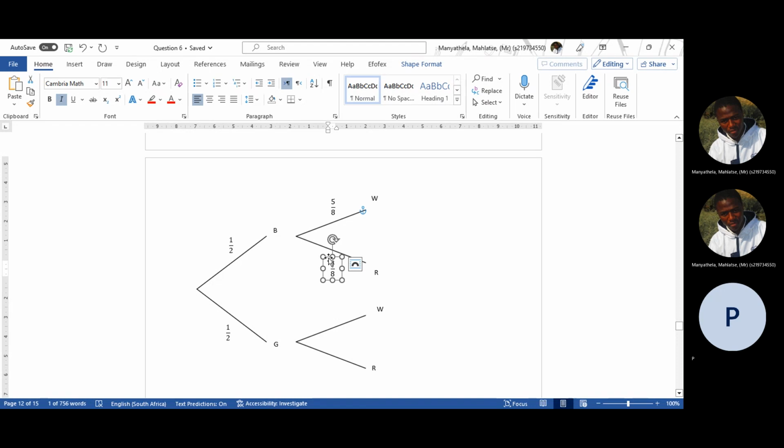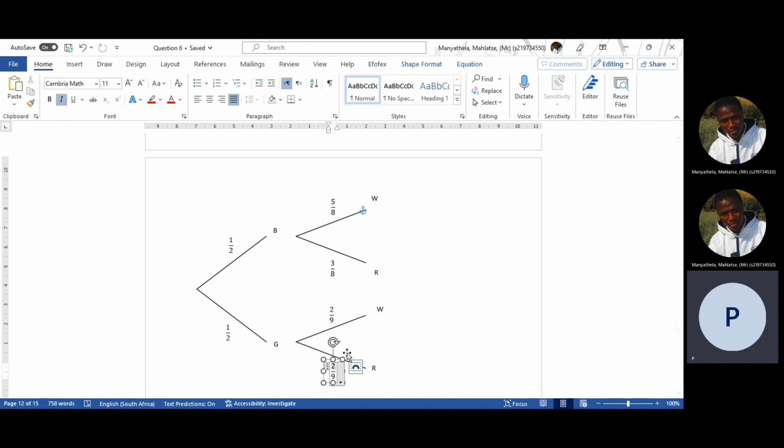So if you add 2 and 7, it gives you how much? 9. It's 9. So it's 2 over 9 and 7 over 9, because it's 2 white balls and 7 red balls.